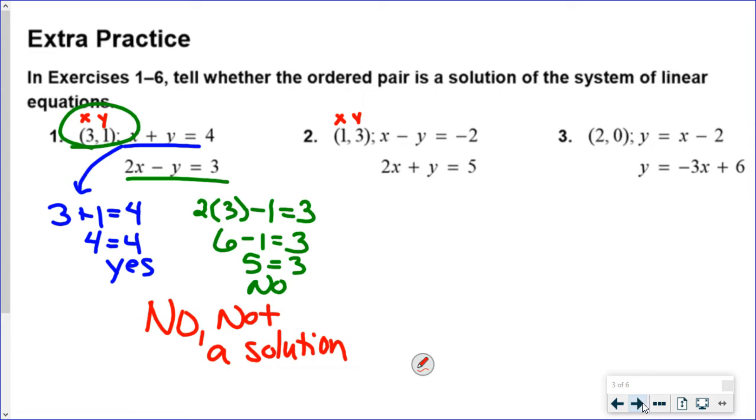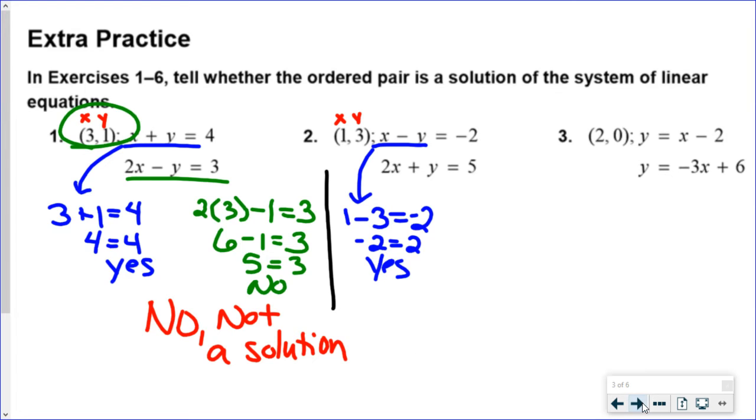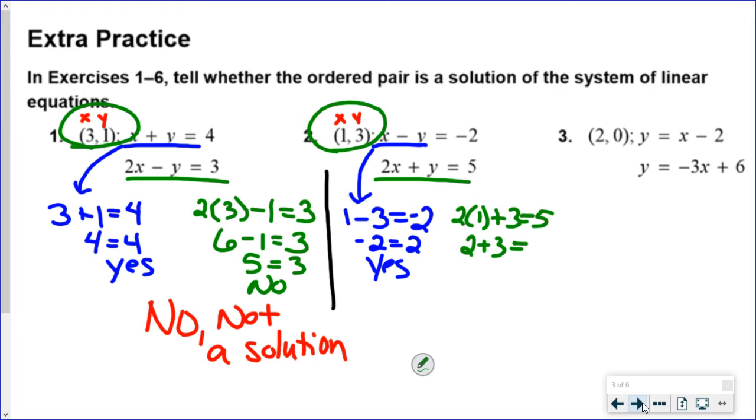Okay, here we go. X and y. Okay, so first for the blue one, when x is 1 and y is 3, does that equal -2? Yes. Okay, so for the first equation, we're good. Now the green one, the second one. When x is 1 and y is 3, 2 times 1 is 2, 5 equals 5.